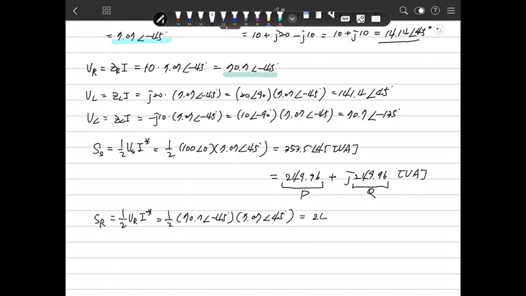So that value is 249.96. This is the power consumed by the resistor, and there is no reactive power because this is a resistor.